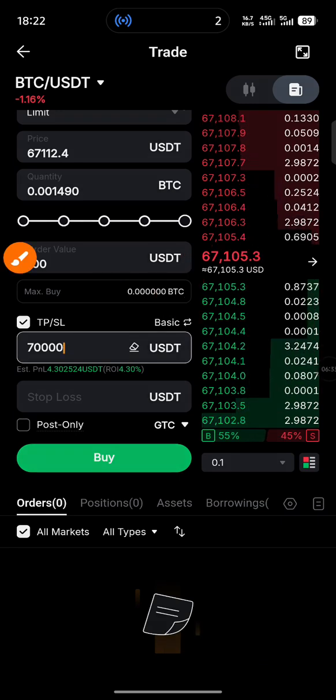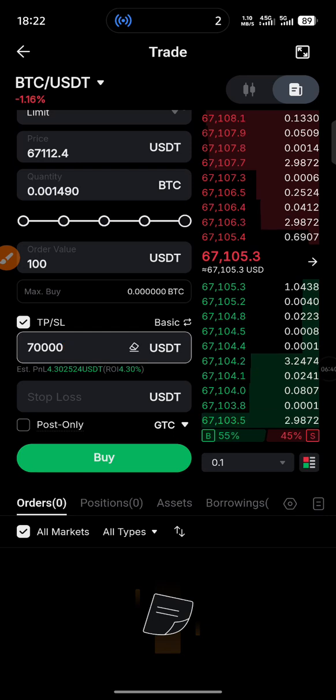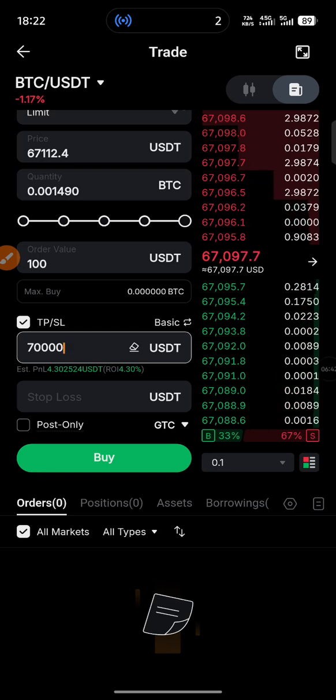Then likewise you can set your stop loss. I've made some videos about this stop loss and also take profit. I'm going to leave those videos in the description section of this video so that you can go through them and understand what exactly we're talking about.